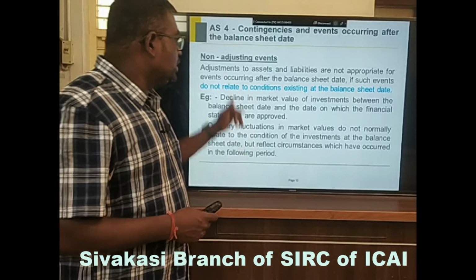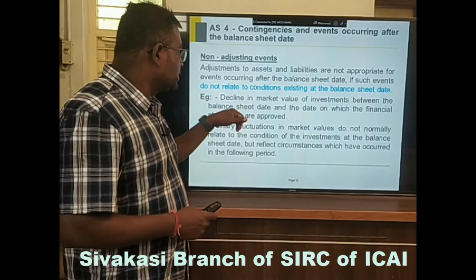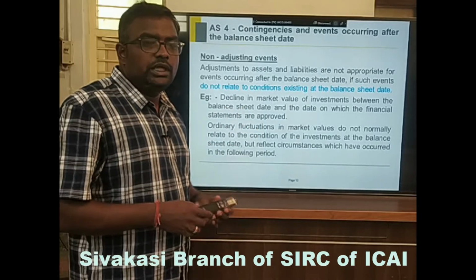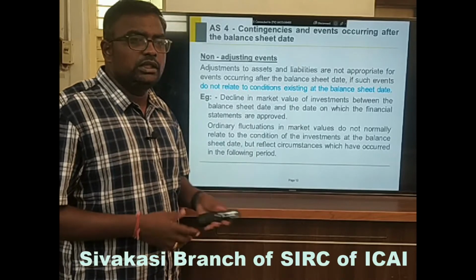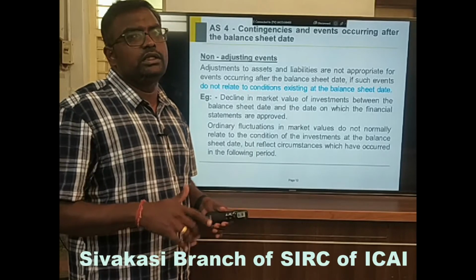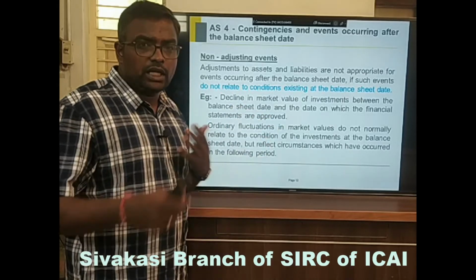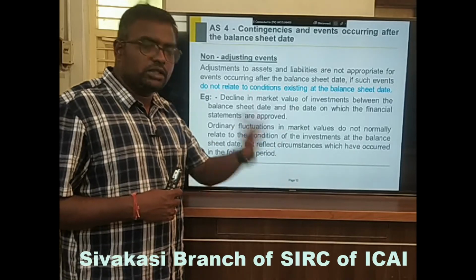Now a non-adjusting event does not relate to a condition existing at the balance sheet date. Here they are saying a decline in the market value of investment. If you read AS 13, they will ask for a permanent decline in the investment value. So just a decline in the market condition might require a disclosure, because you have to wait and see whether it is permanent or short term.